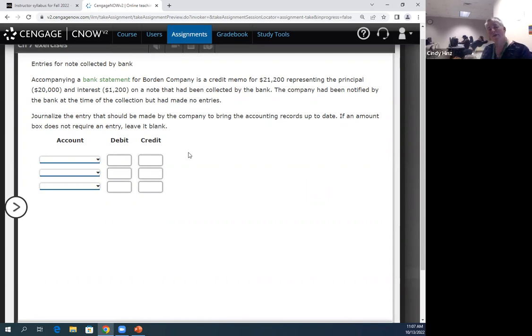So what's one account that you think is going to be affected? Cash. How much more cash do we have now than we had before we received this payment?